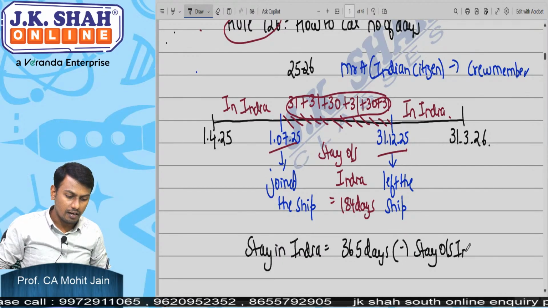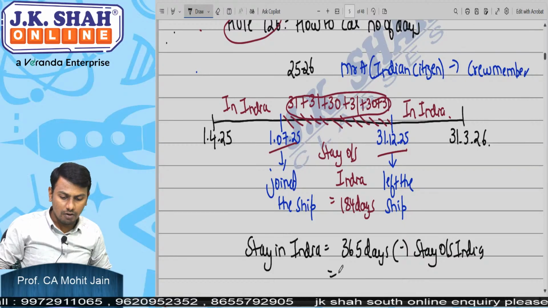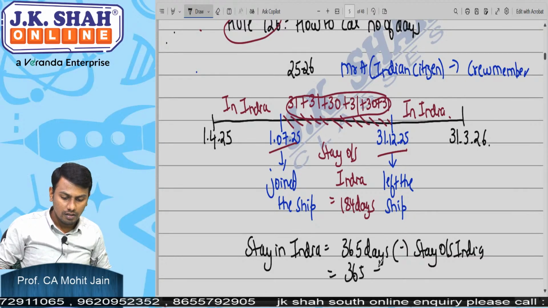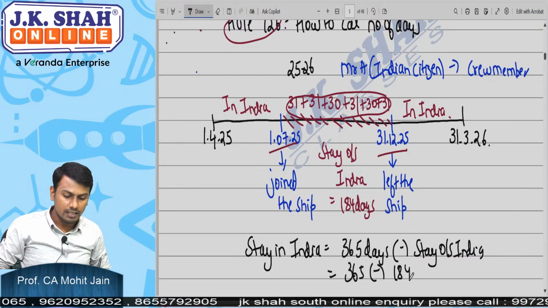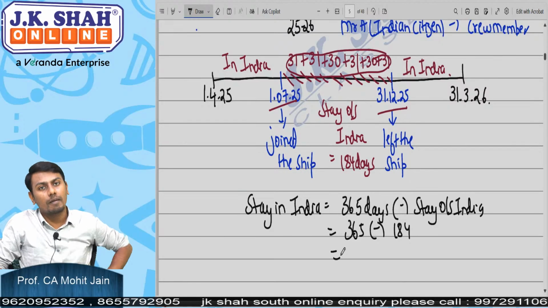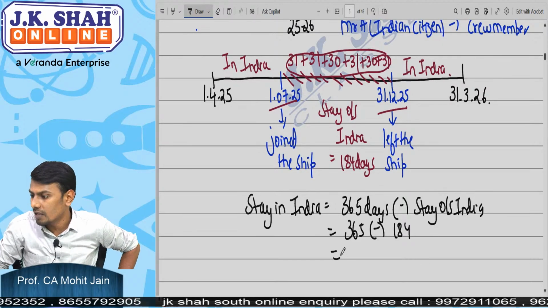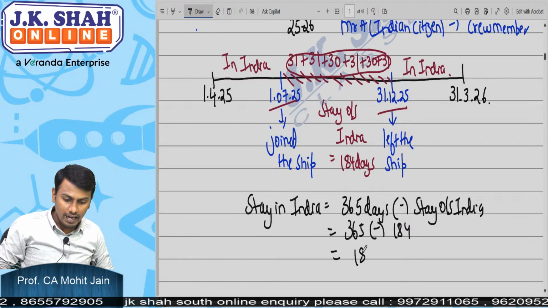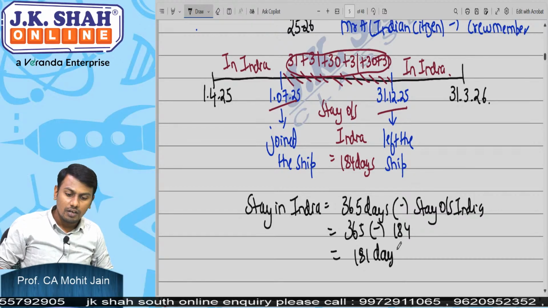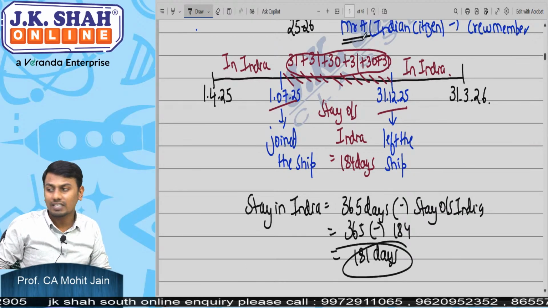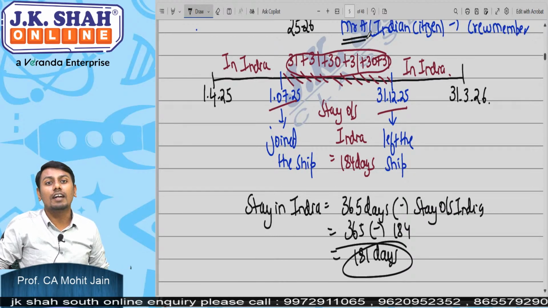Correct? So stay outside India is 184 days. So 365 in the mind, 184 in the hand. How much in the mouth? 181 days. So how many days was Mr. A there in India? 181 days.